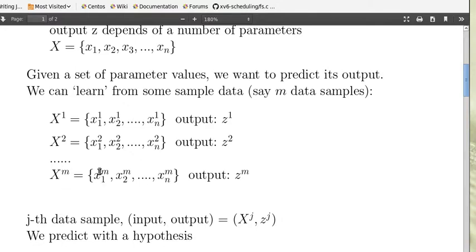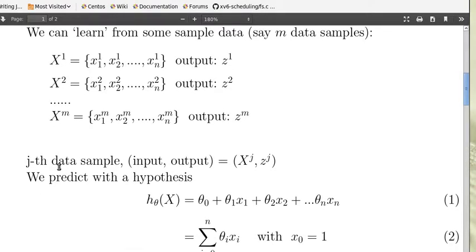And xm is x1m, x2m, up to xnm, and the output is zm. Okay. So for the jth data, we have the input, which is x denoted by xj, and the output denoted by zj.